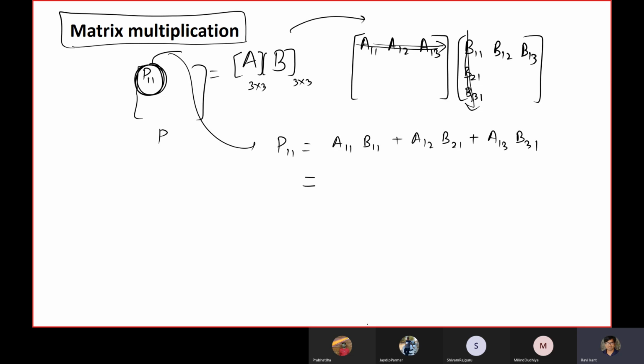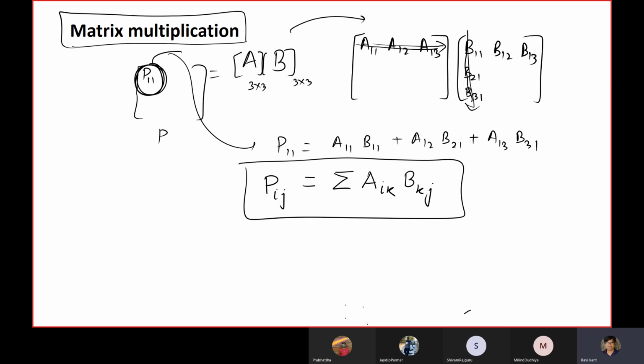Can I write this in index notation? Yes, I can do some summation over here. I can write a i comma k, times b k comma j, and then I will write p as i comma j.